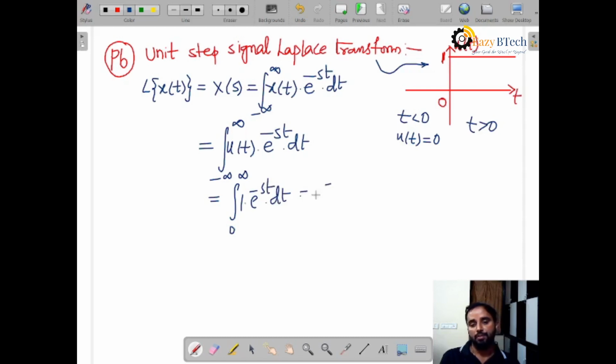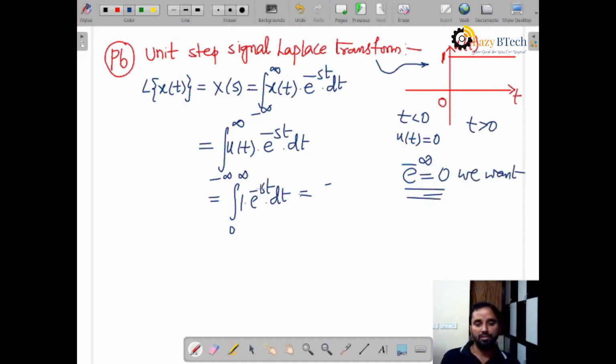So here e power minus st, right? Upper limit is infinite and already a minus sign is in the power of e. So after integration, after putting the upper and lower limits, we always want e power minus infinite to be 0. This we want. So how do you get it?